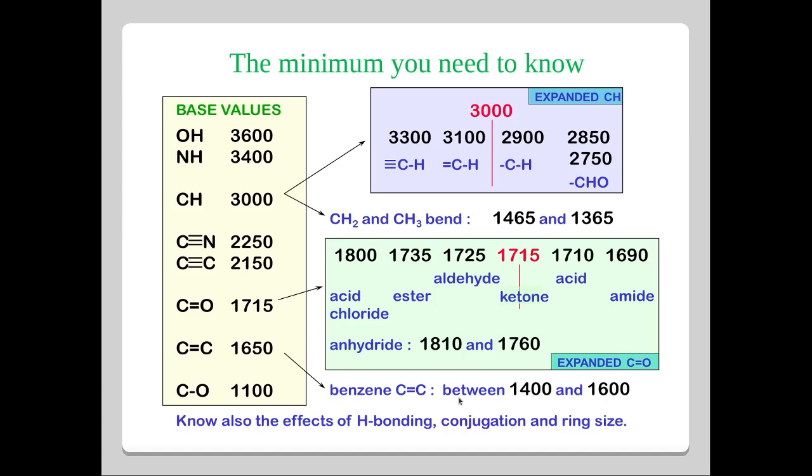But for systems other than aromatic ring systems, for example a vinyl system, C double bond C appears as a single sharp peak between 1400 and 1600 centimeter inverse. Then carbon oxygen bond vibration usually shows up at around 1100 centimeter inverse. Then again carbon halogen, for example carbon chlorine bond vibration, usually comes as a very intense peak between 900 and 1000 centimeter inverse.